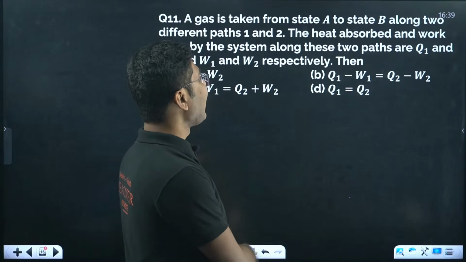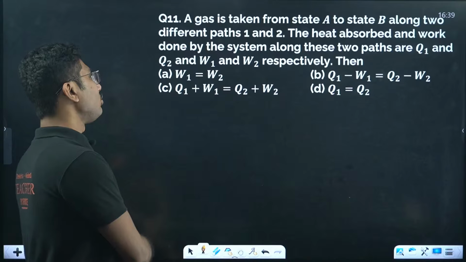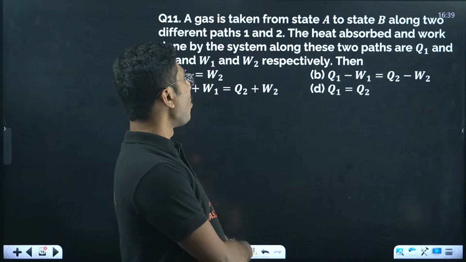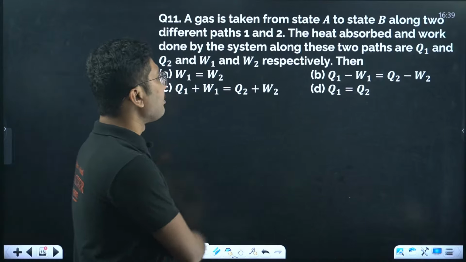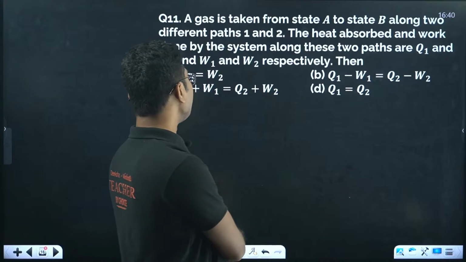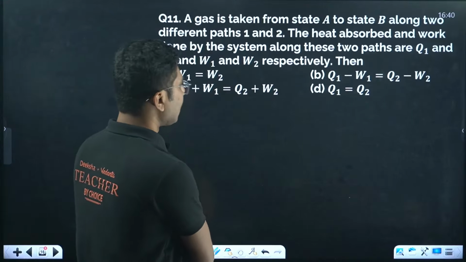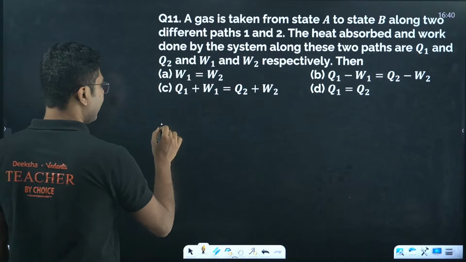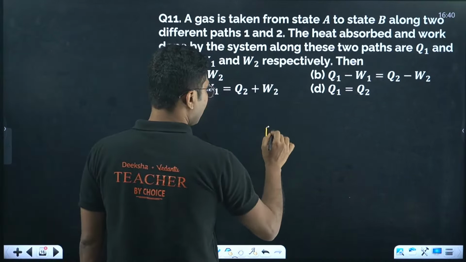A gas is taken from state A to state B along two different paths 1 and 2. The heat absorbed and work done by the system along these two paths are Q1 and Q2 and W1 and W2 respectively. Then what is the relation? So here is your home, point A, here is your college.